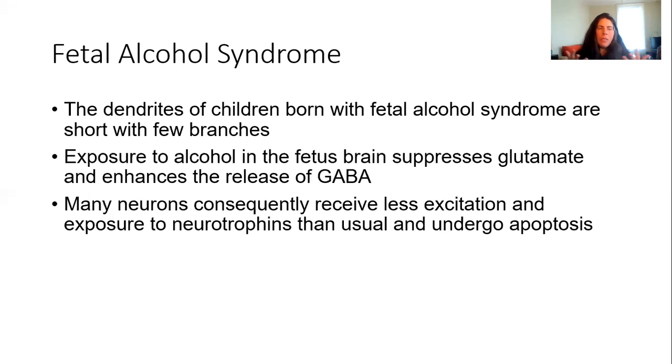And again, if neurons do not release nerve growth factor, they are not going to maintain their synaptic connections. So many neurons receive less excitation and exposure to neurotrophins than usual and undergo apoptosis.